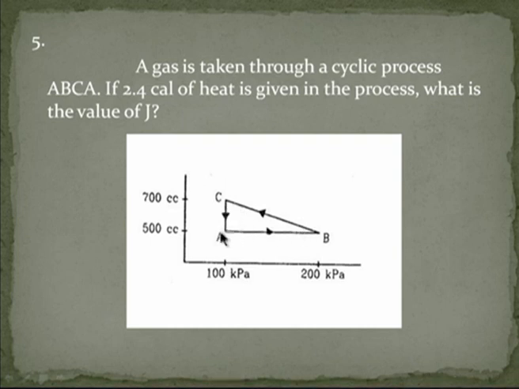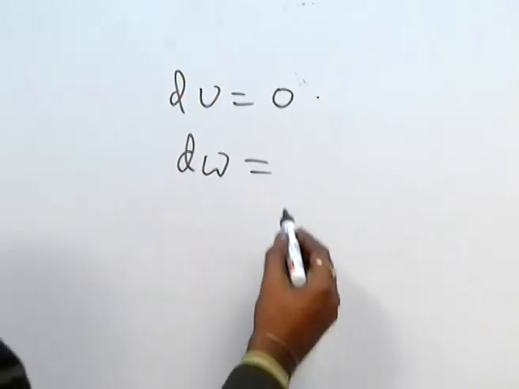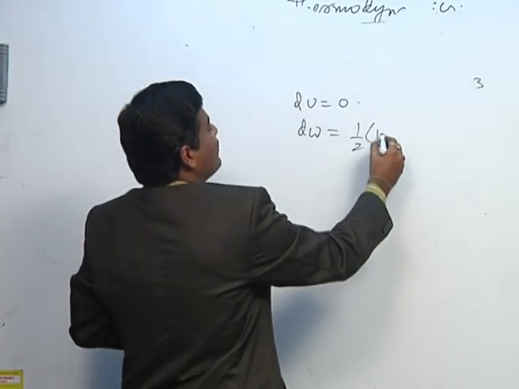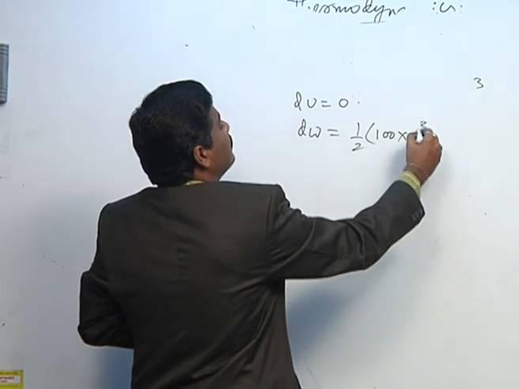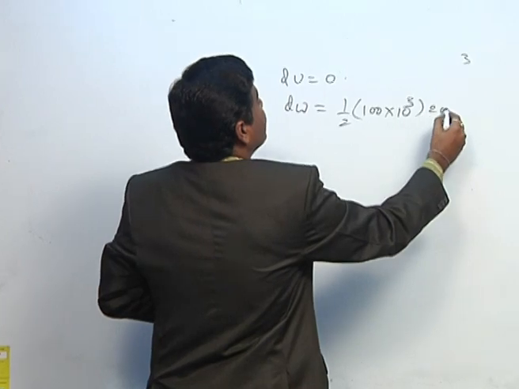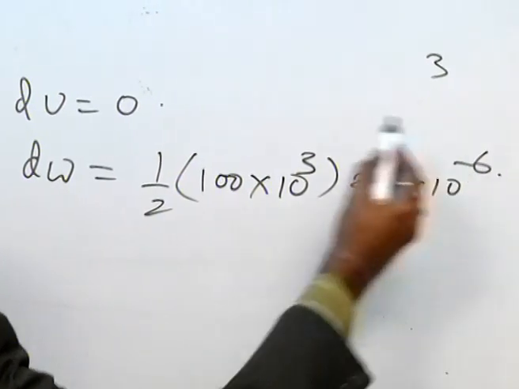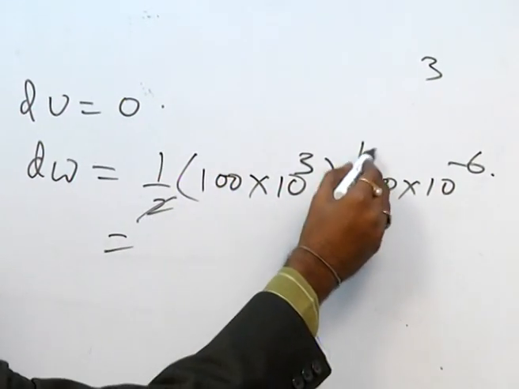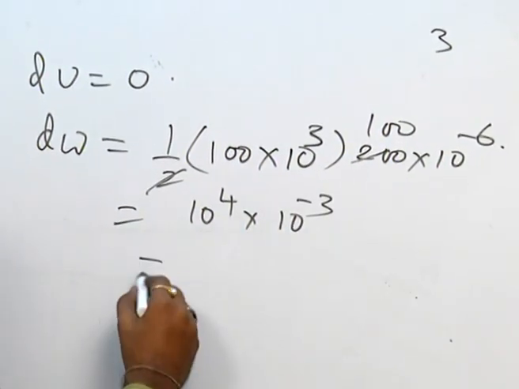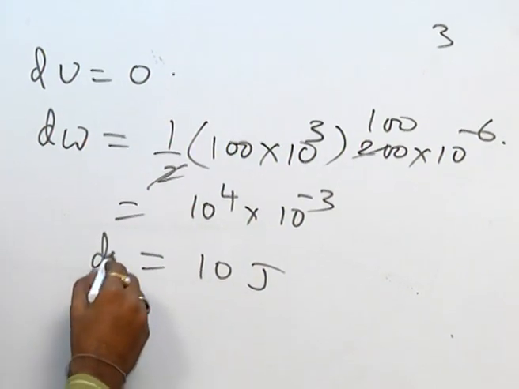The area, AB into AC, is the work done. dW is equal to AB, how much? 200 minus 100, so this can be 100 kilopascal into the volume difference 200 into 10 to the power of minus 6. So 10 to the power of 4 into 10 to the power of minus 3. So 10 joules we are getting as dW.